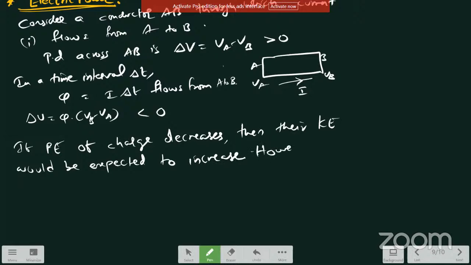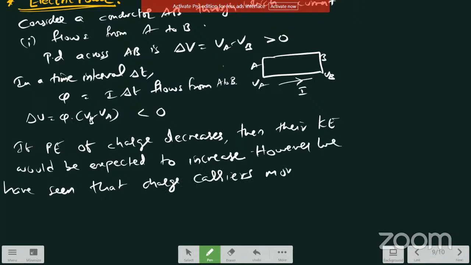However, we have seen that charge carriers move with a steady drift speed, or let us say drift velocity.